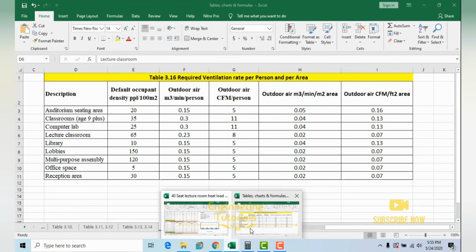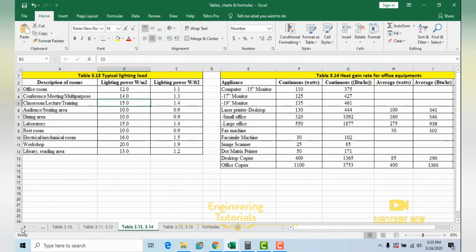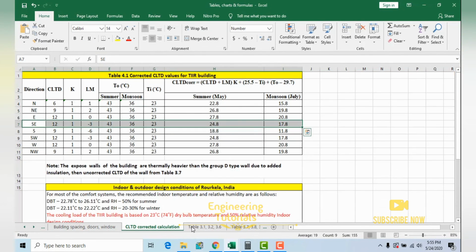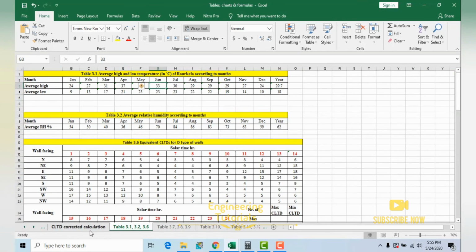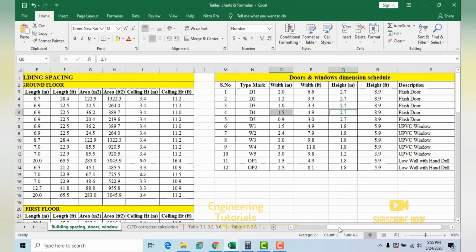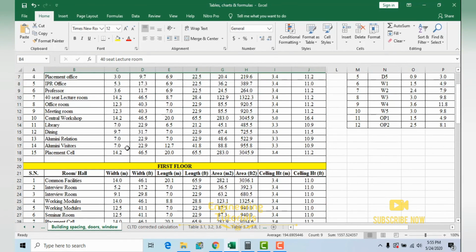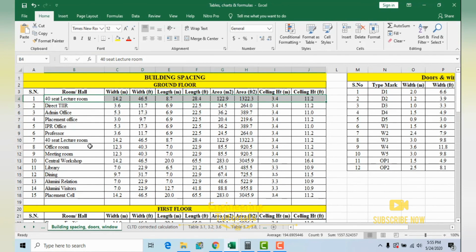In the next video I'm gonna discuss load calculation for some other room with different parameters. So first I have used this one, so next time I'm gonna use some other room. So if you have any doubts, maybe it will be clear in my next video.